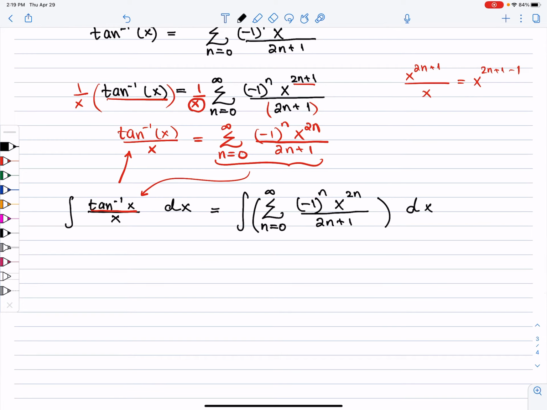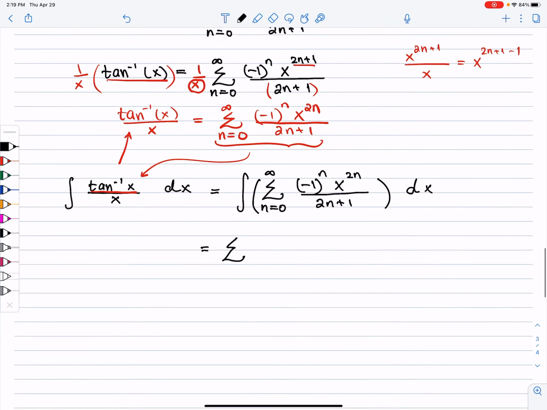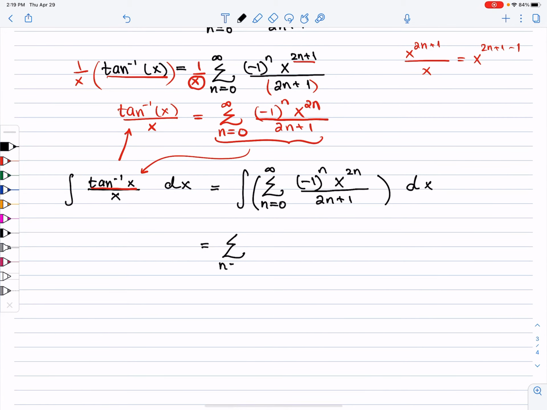Okay, so one more time. We have sigma, as n goes from 0 to infinity, and then we have the integral of negative 1 to the nth power, x to the 2n over 2n plus 1 dx.